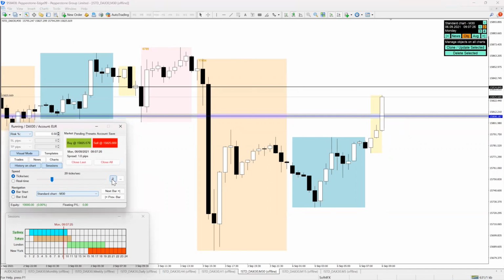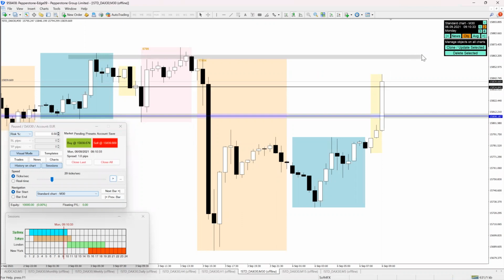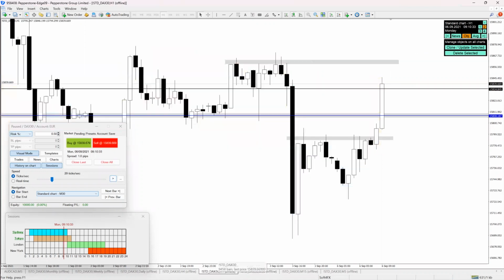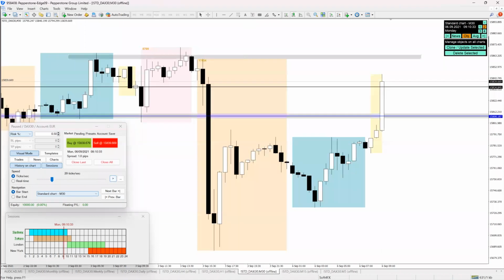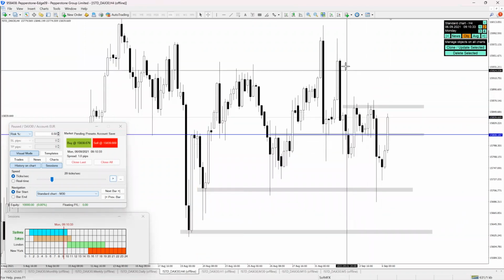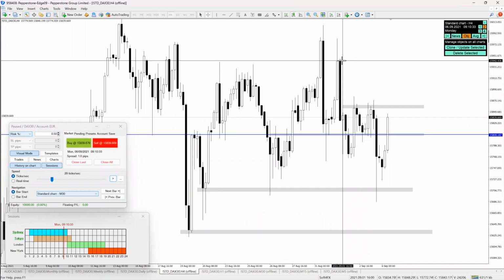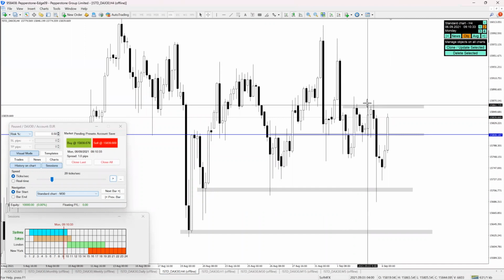Oh well. A lot of momentum. The clean range above here. So I'm going to see where this candle closes.